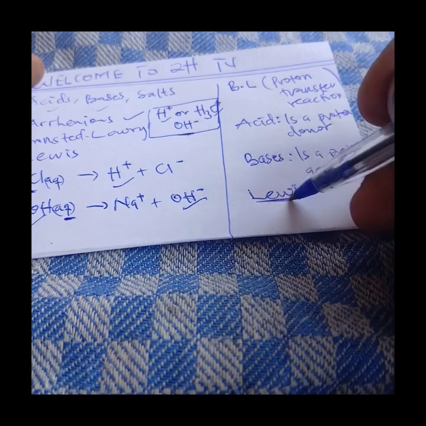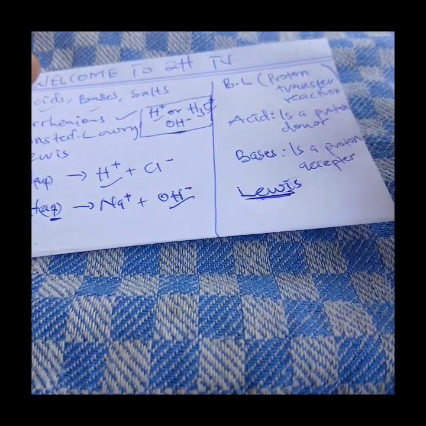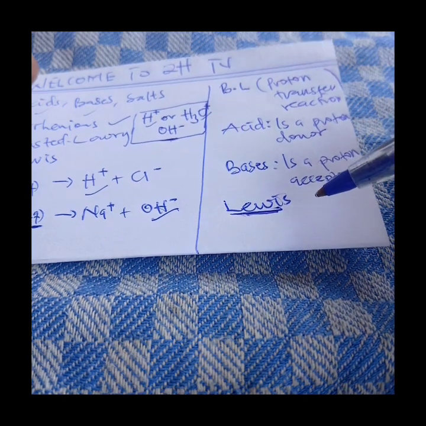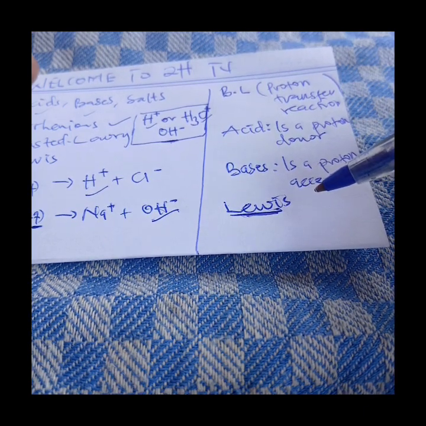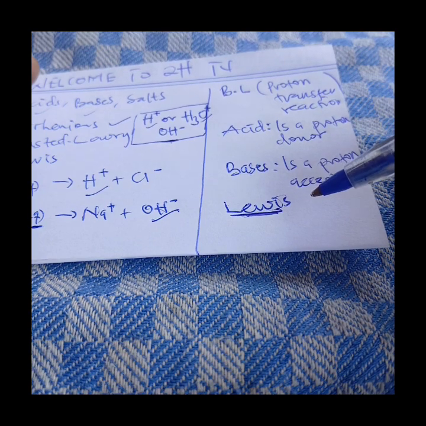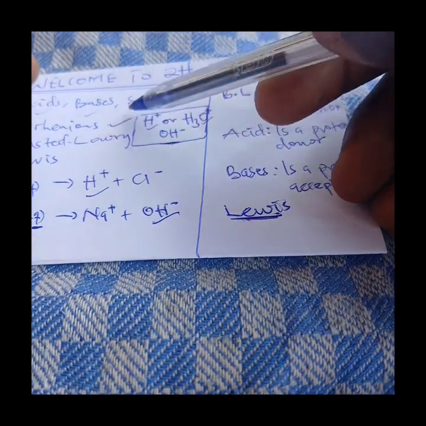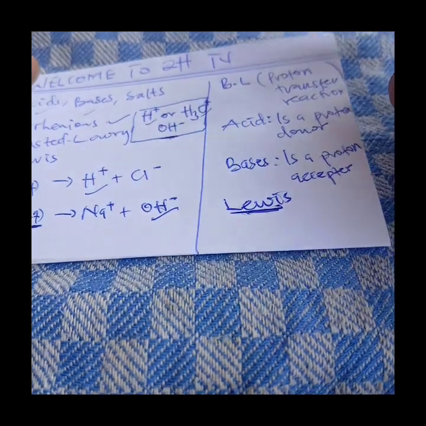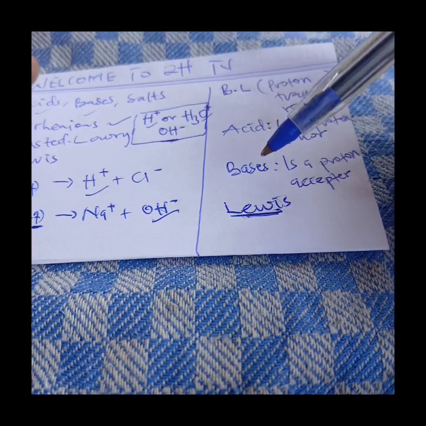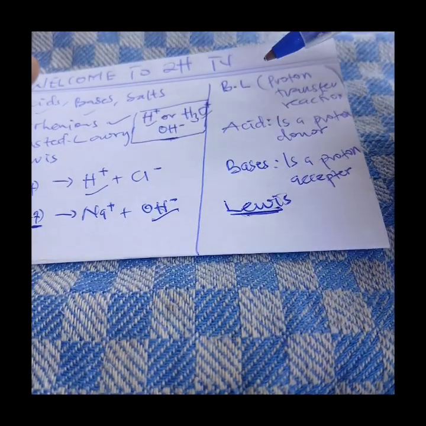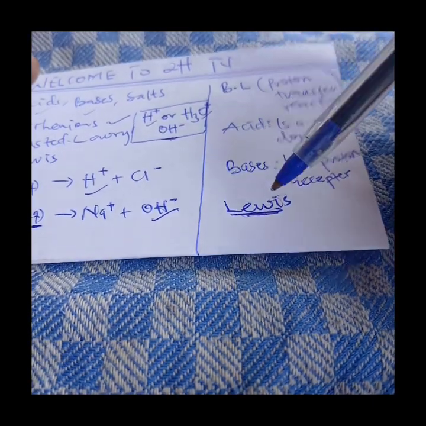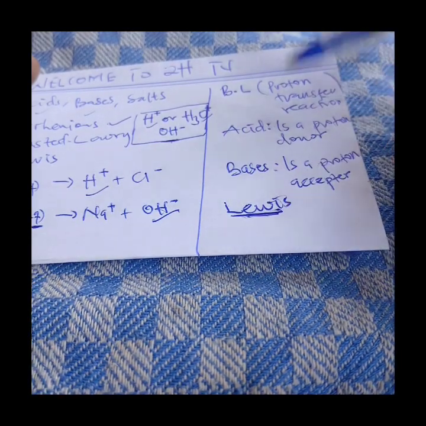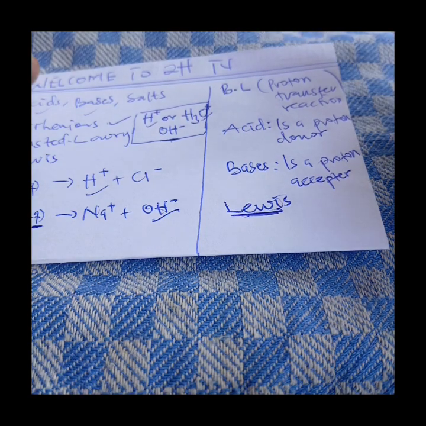So, Lewis. Now Lewis also realized that there are some substances that exhibit acidic and basic characteristics but do not fall in either the Arrhenius definition or the Bronsted-Lowry definition. So he realized that there are substances that accept an electron pair, and there are substances that donate an electron pair, and these substances behave as acids and bases.